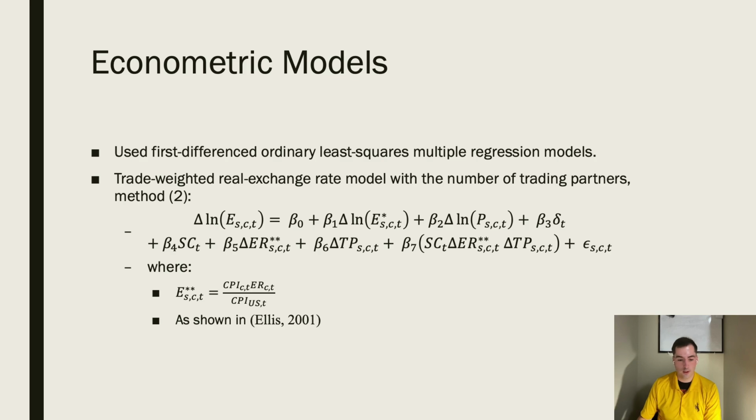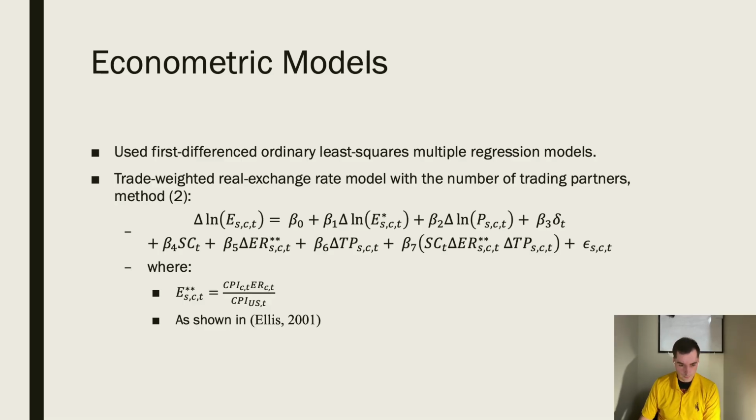And I also trade weighted this measure with the same trade weight component, ratio of the state's total exports to its GDP. So this model looks the same as the last model, except that I decided to just change this measure of the real exchange rate to see how changing the real exchange rate measure impacts the empirical results.